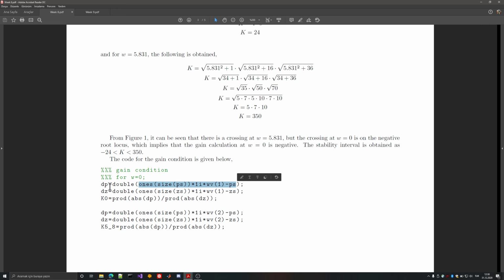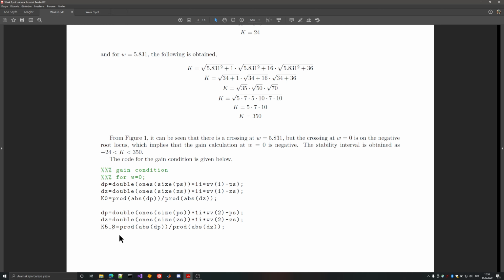Then I'm taking double to be sure that this is basically a double value, and there's no omega involved. I do this for the distance of poles, distance of zeros, then the product of absolute values dp and absolute values dz. So this will give me basically k0.